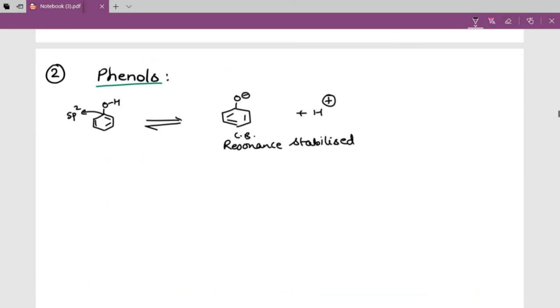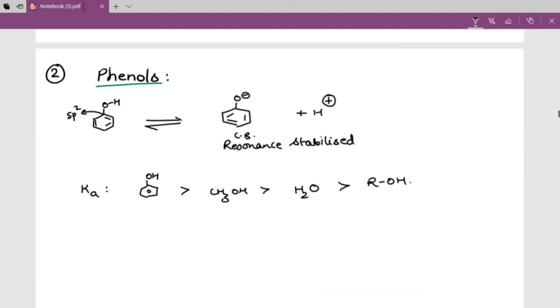So now I can conclude the Ka of phenol will be highest, then it will be methanol, whatever we have studied till now, then water, and then the other alcohols. Correct?